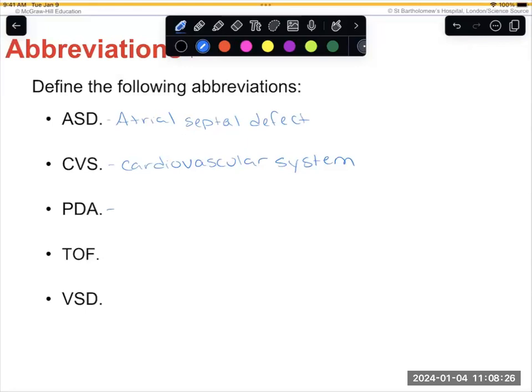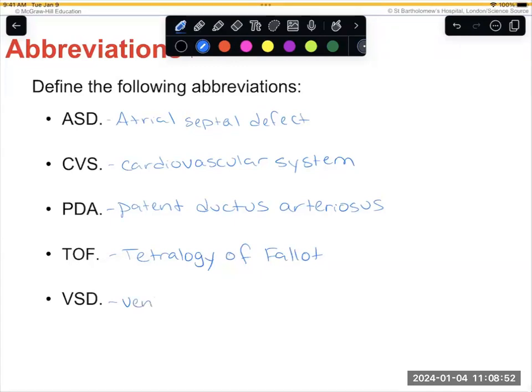PDA is patent ductus arteriosus. This is tetralogy of Fallot, and then we have ventricular septal defect.